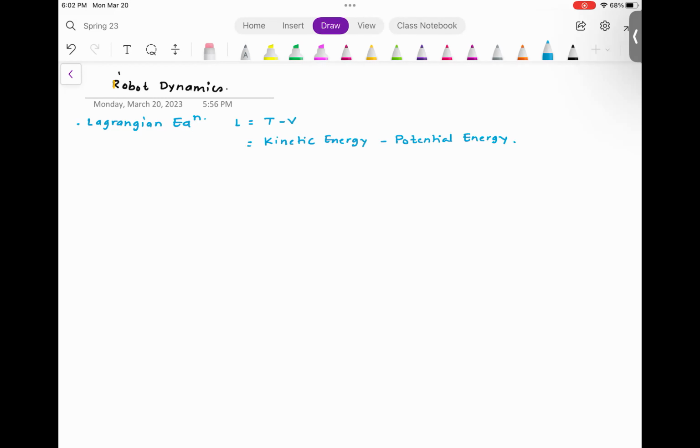Now, the steps in working out the robot dynamics: step 1, draw the kinematic diagram.